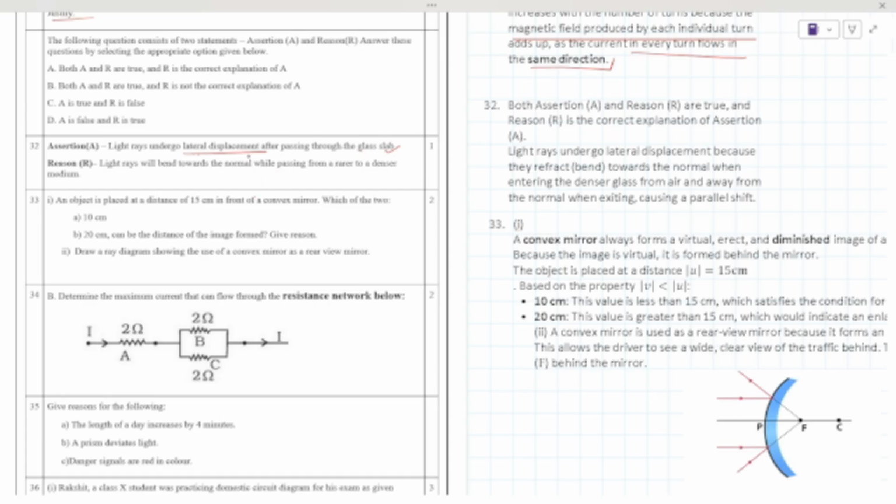Yes, true. Now see the reason: light ray bends towards the normal while passing from rare to denser.